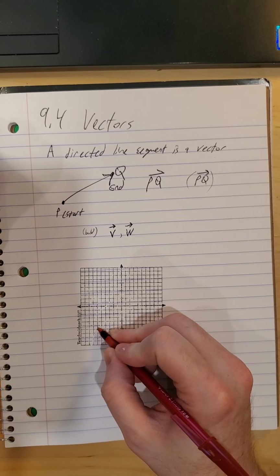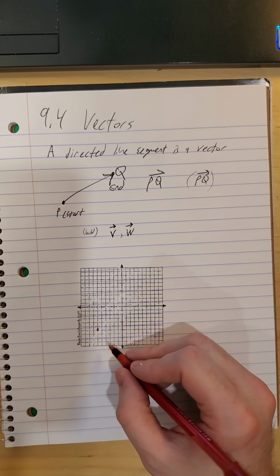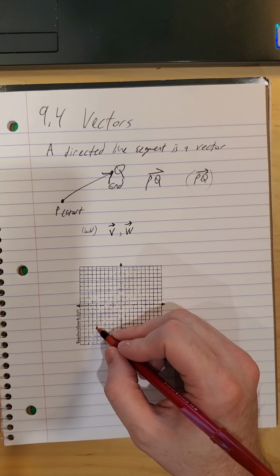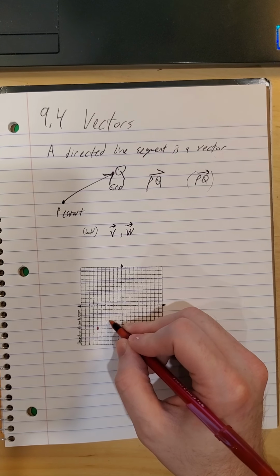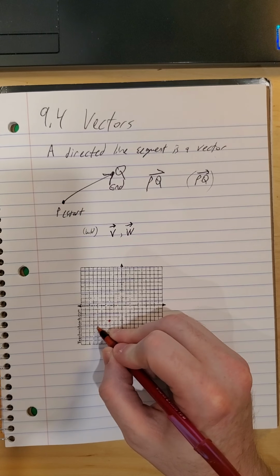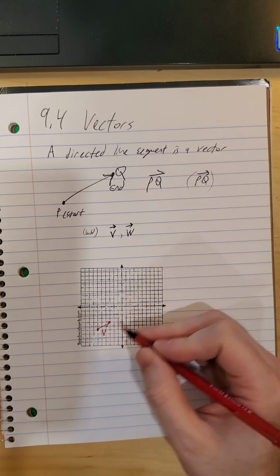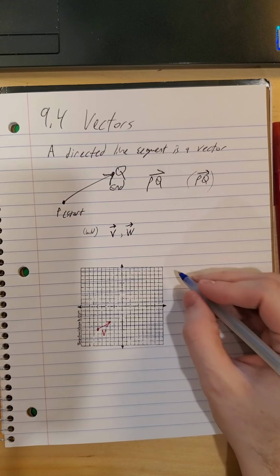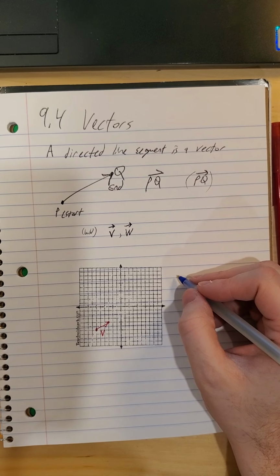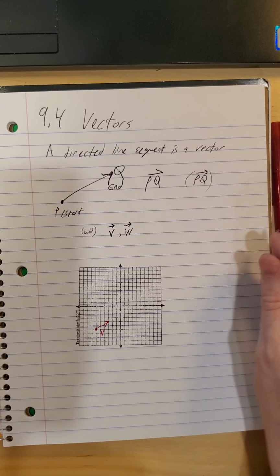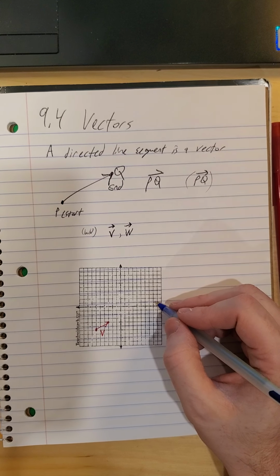So let's say that vector V takes us up 2 and right 3. So we'll name that vector V. And vector W, let's say we'll go up 4 and right 1.